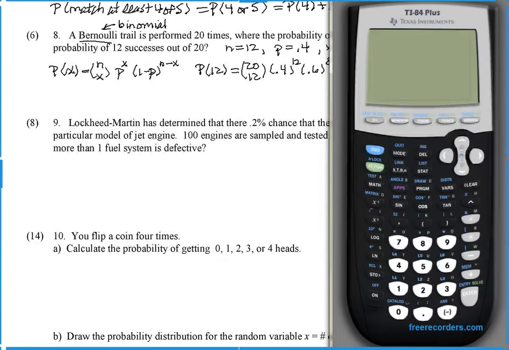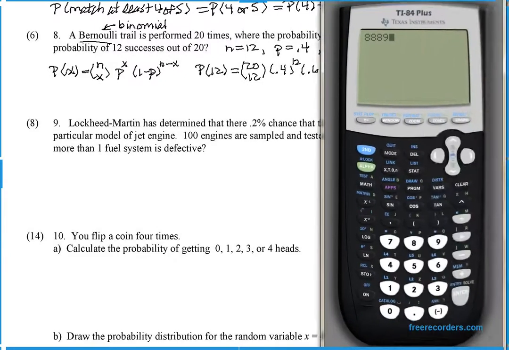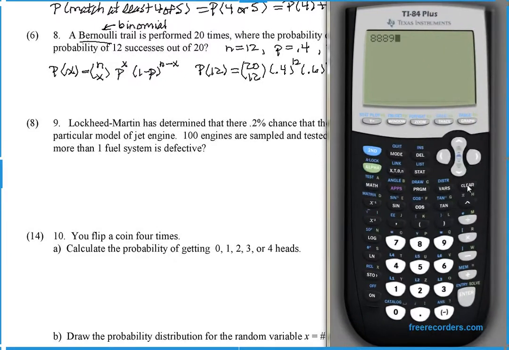Let's see here. Looks like I need to refresh my calculator here. So let's see, we needed 20 and then nCr 12.